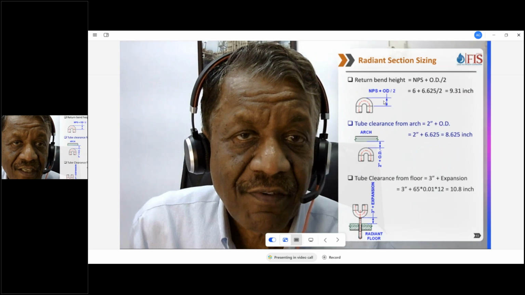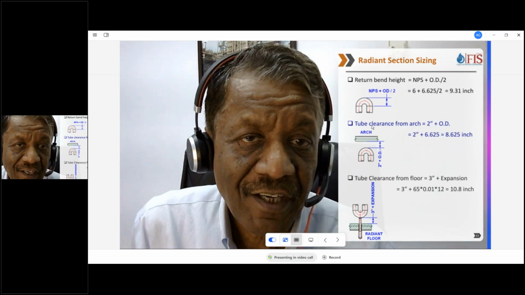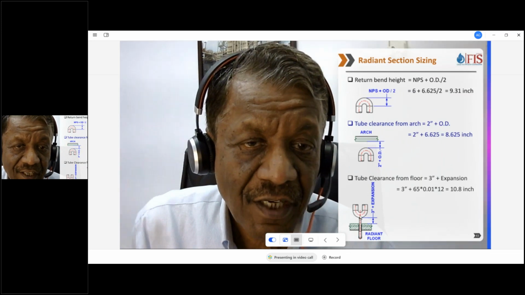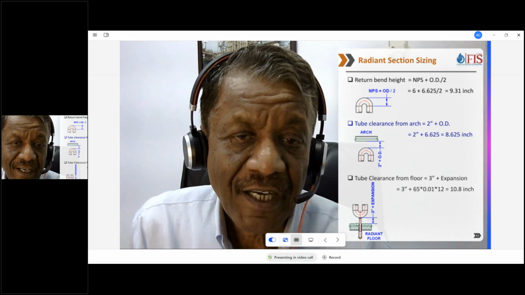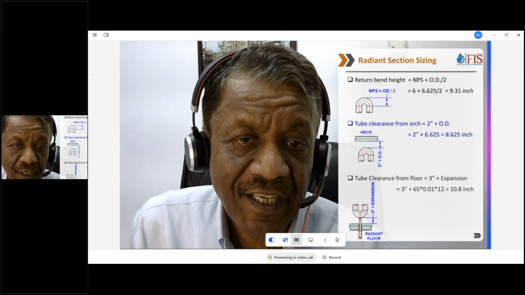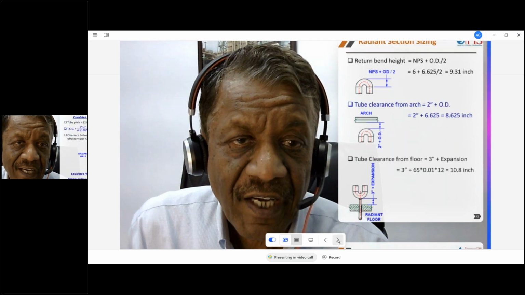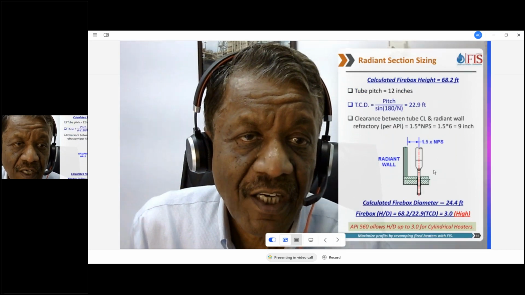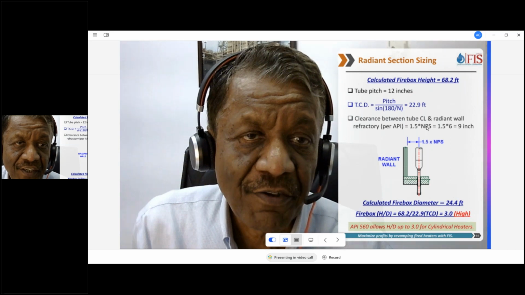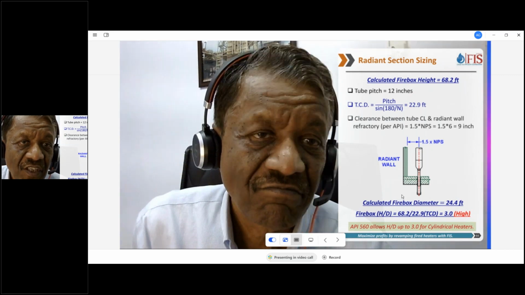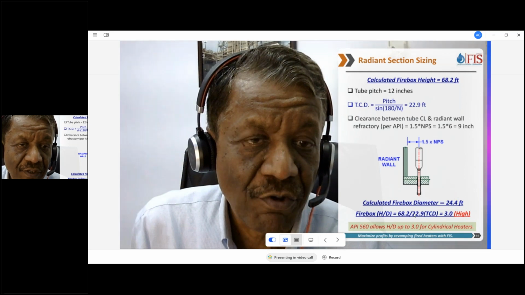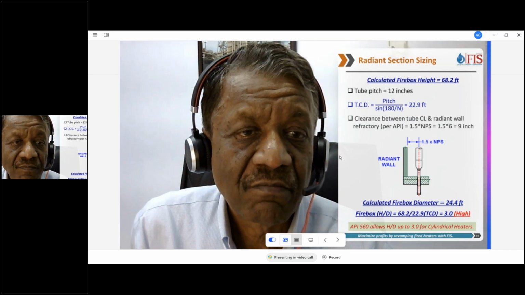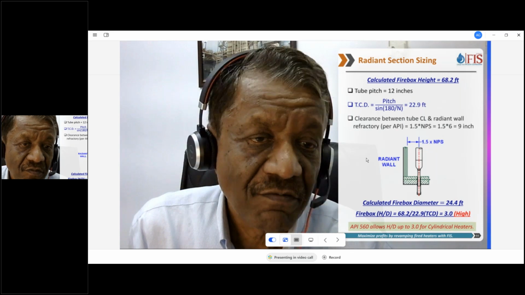Then we take the return bend height, clearance from arch, and clearance from the bottom, including the expansion and creep. We take that into account and come back with a total height of about 68 feet, and the diameter is about 24. So we have an L by D of 3.